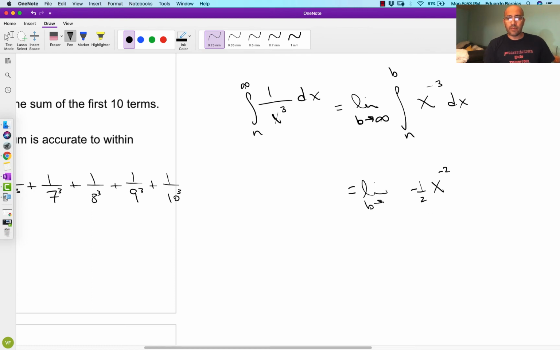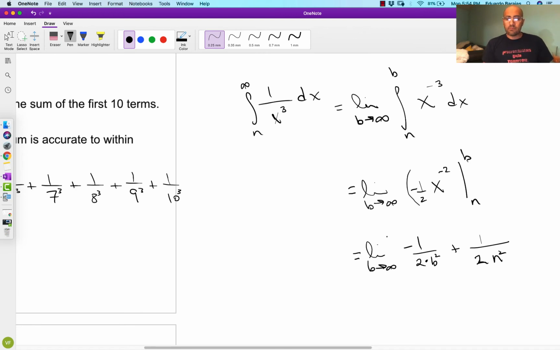The limit as b goes to infinity of this, evaluated from n to b, which then equals the limit as b goes to infinity of negative 1 over 2b squared, minus a negative, so plus 1 over 2n squared.